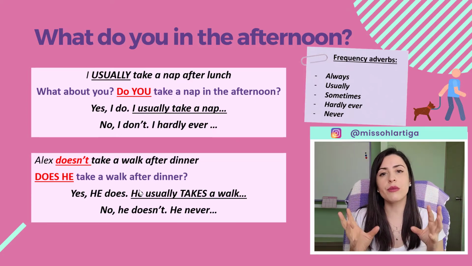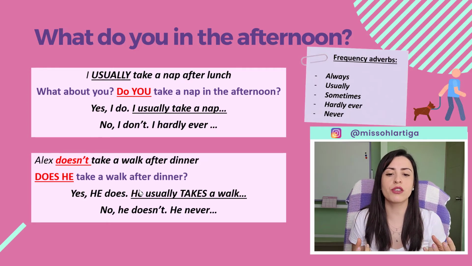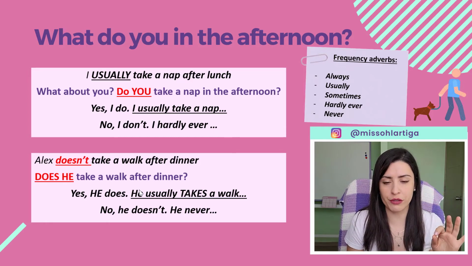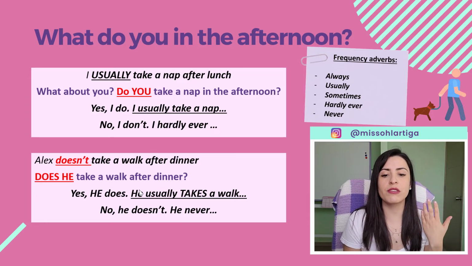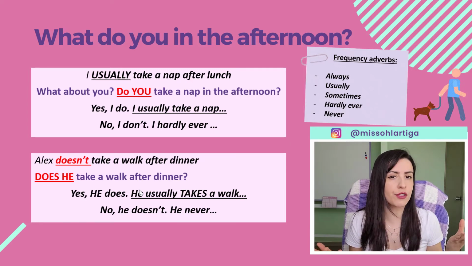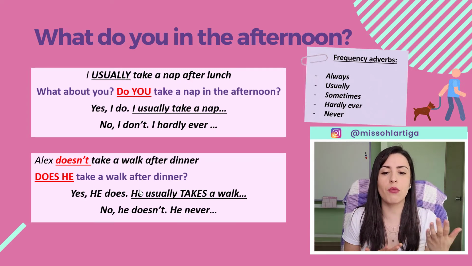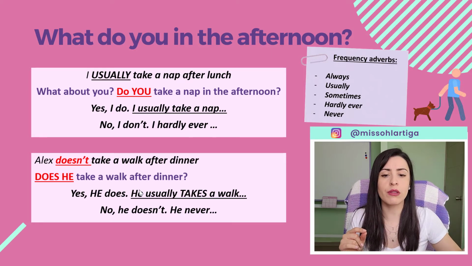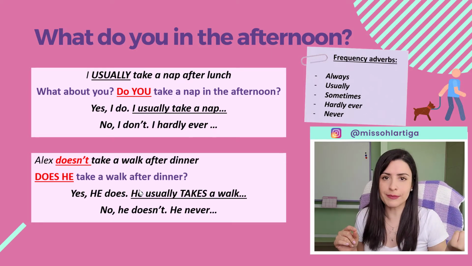So we use the same way or the same structure if you want to say something about a third person, right? For example, if you want to say, okay, does he take a walk after dinner? Does he take a walk after dinner? Él da un paseo después de la cena.